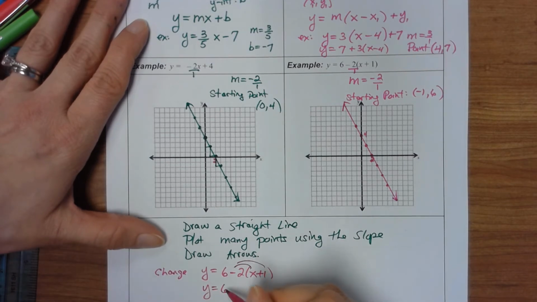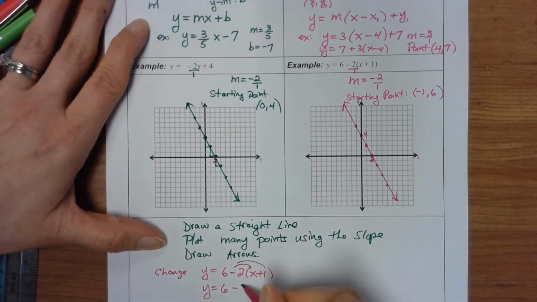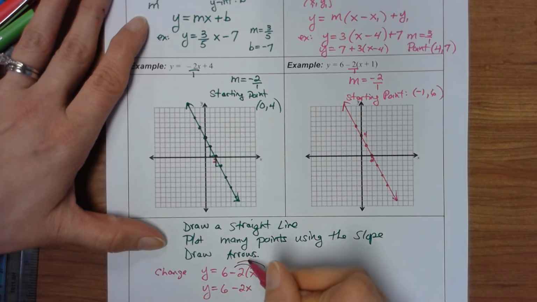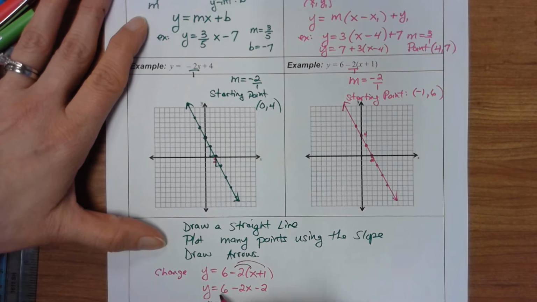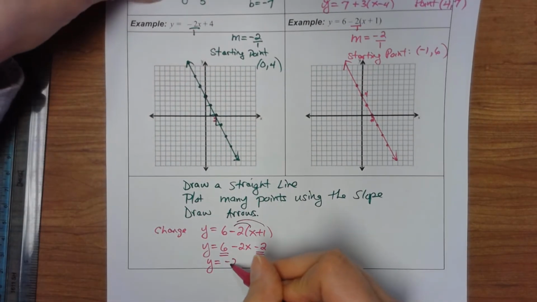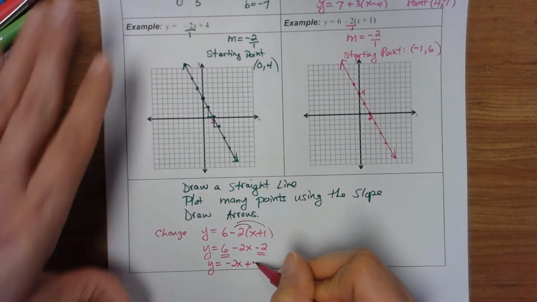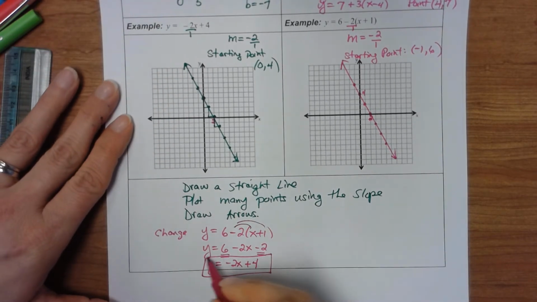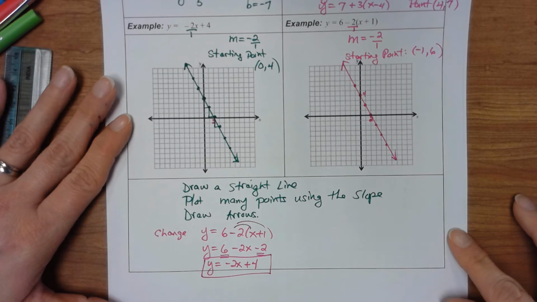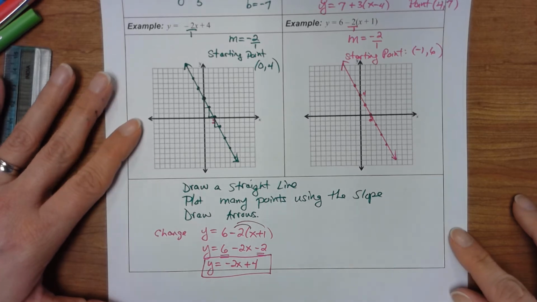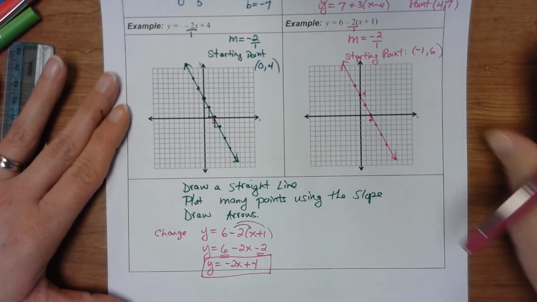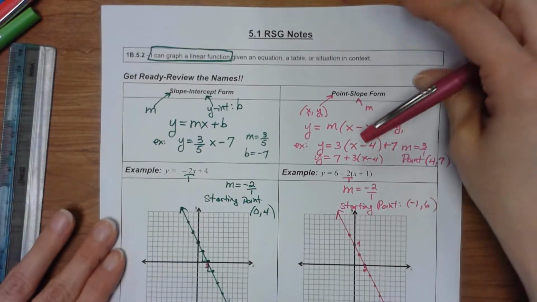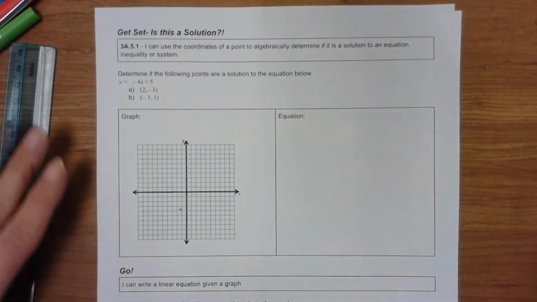So 6, just hang on a second, minus 2x, a negative times a positive is negative 2, and then I'll go ahead and add the like terms. Negative 2x plus 4. It is the same equation. Same graph, just a different form. Okay? So we have learned lots of ways to do lines. It's just two different ways.